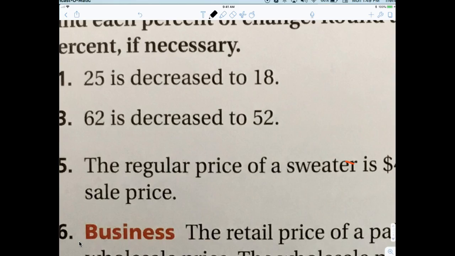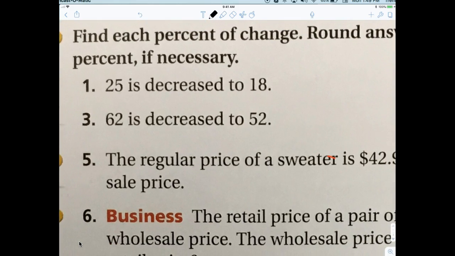So if I went from 25 to 18, that was a change of what? No, it was a change. How much did it change by? 7. Now, how do I know what change is? Just subtract the numbers. Is everybody with me on this? So I changed by 7.